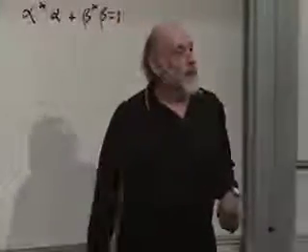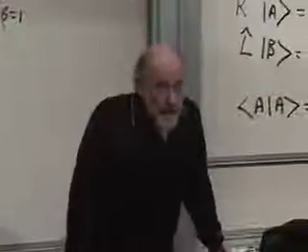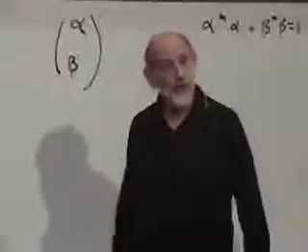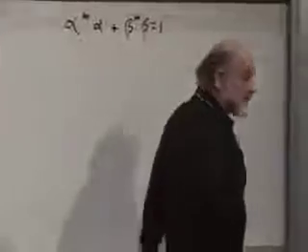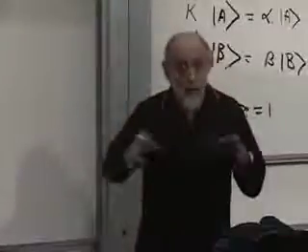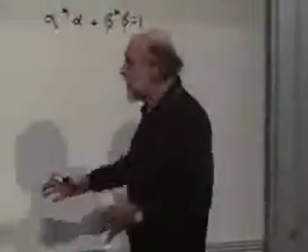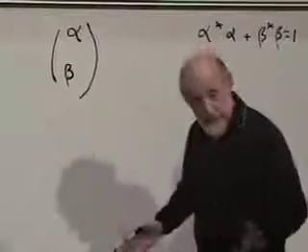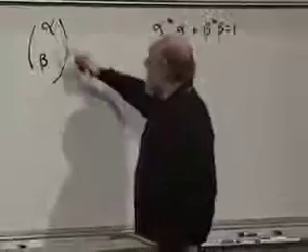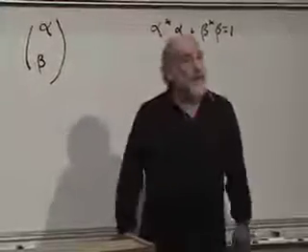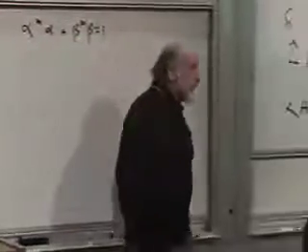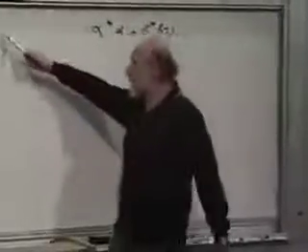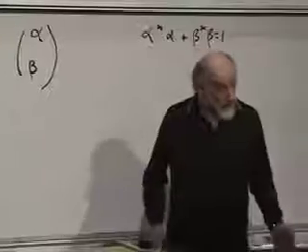But now there is one more fact. If we multiply by a phase, it doesn't change the content of the state. That means the overall phase doesn't have any content. Equivalently, I can always take the upper entry to be real. I can always multiply by the appropriate phase. You have to multiply the top and the bottom by the same phase.